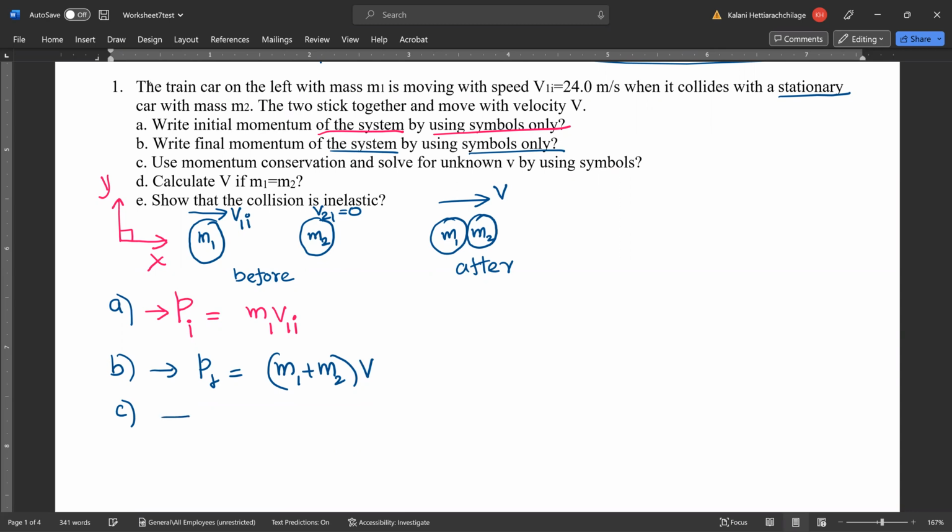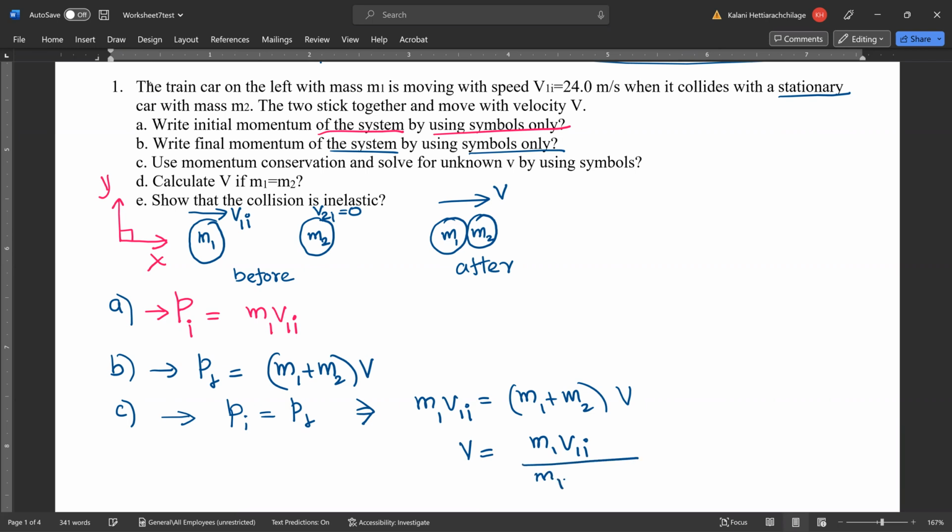You're going to write the momentum conservation in the x direction, P initial equals P final, right? So we can write it as m1 v1 initial is equal to m1 plus m2 times v, and algebraically your v will be m1 v1 initial divided by m1 plus m2.